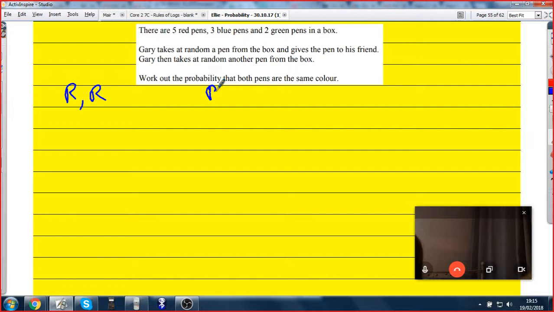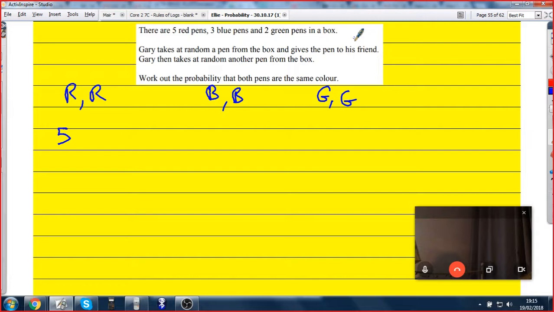Okay. What's the probability of taking a red out first? 1 out of 5. How many red pens are there? Oh, 5. Yeah. And how many pens are there in the box in total? Oh, okay.